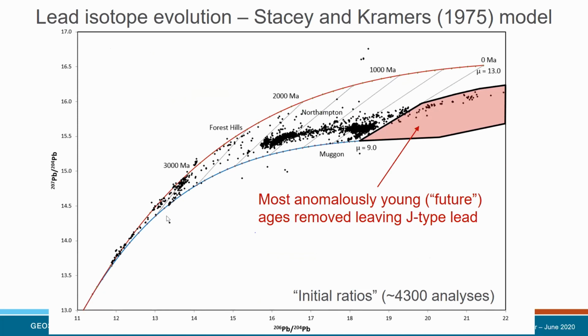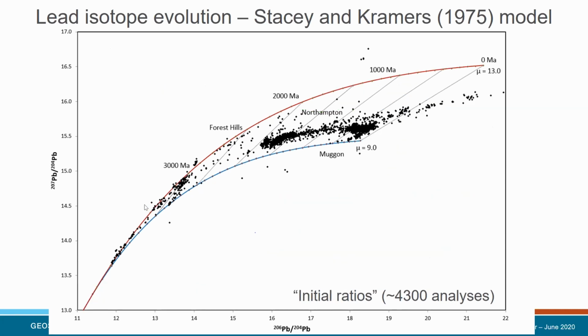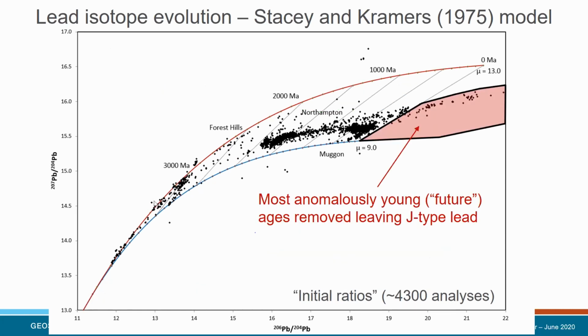The first thing you'll note is that most of the anomalously young or the future agers have been removed, just leaving the J-type lead, and that defines that line that you can see, which I've just highlighted in blue, and that all relates to Canning Basin MVT ores. That's what those samples are. So there's something very special about how those things formed.